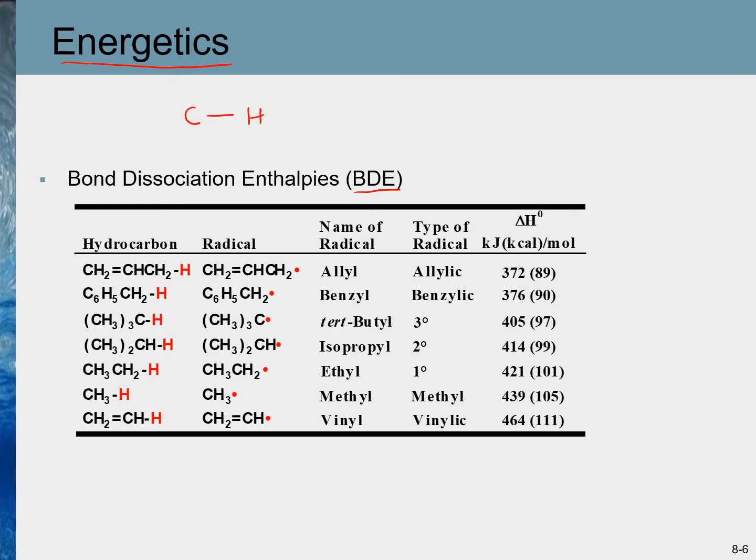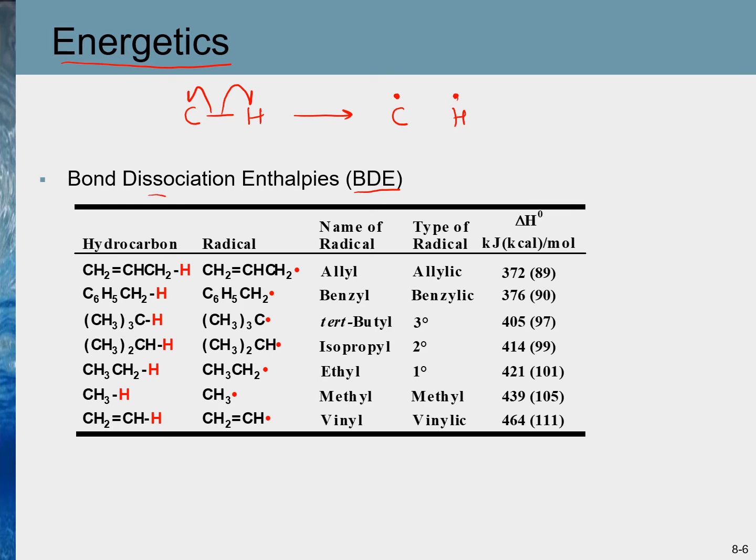For example, the bond dissociation enthalpy of a C-H bond is measured as the energy required to break this bond homolytically. Homolytically means that after breaking the bond, one electron goes to one atom and the other electron goes to the other atom. This is known as homolytic cleavage.